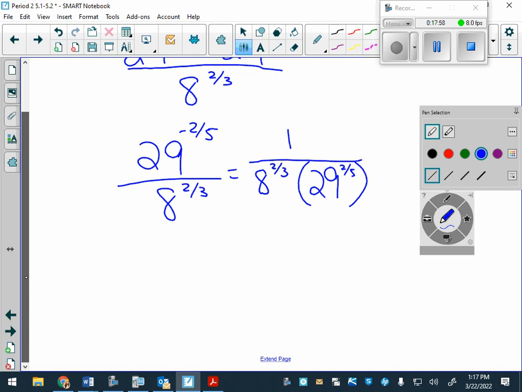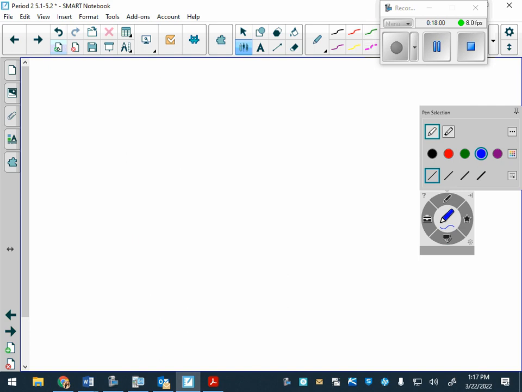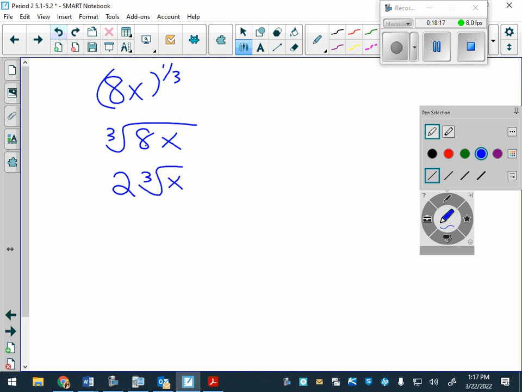So 8x to the 1/3 is the cube root of this entire thing, right? So the cube root of 8 is 2. We can't take the cube root of x. So that's as far as you would go. You could write it that way or 2x to the 1/3. Either way. Okay? All right.